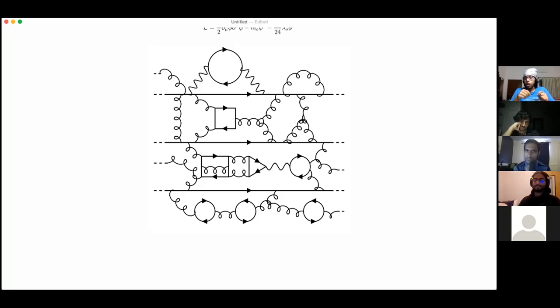Does it not expand that way? No. If you have a loop within a loop, that's a higher order diagram. At one loop order, you're never going to see a loop within a loop. You're only going to see one loop, right? So to order lambda, right?